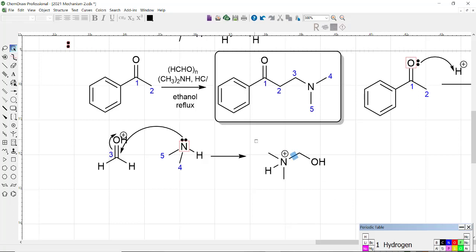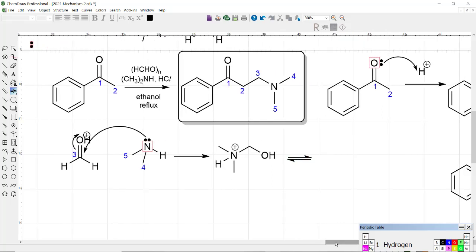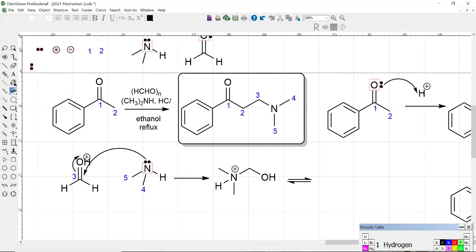Then of course this particular species is not going to be stable, so it will equilibrate. There should be some form of intramolecular proton transfer in this case. You are probably not new to this, because remember that in the lecture we mentioned that along the way there could be some form of proton transfer between electron-rich sites.